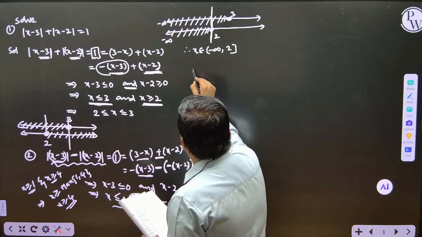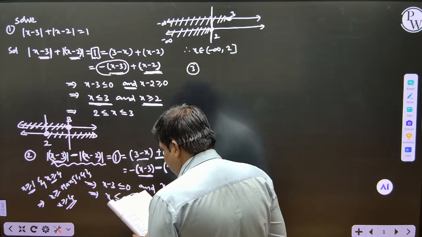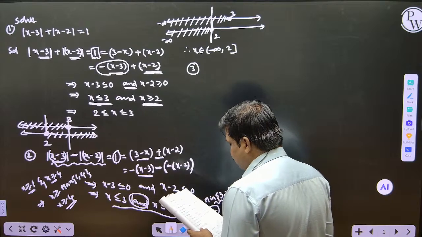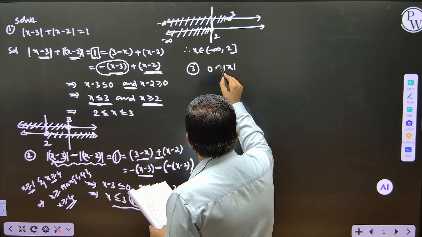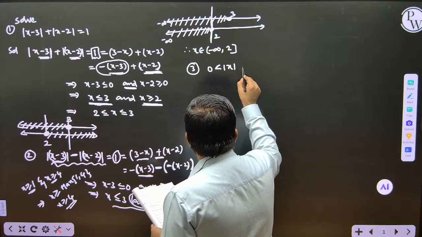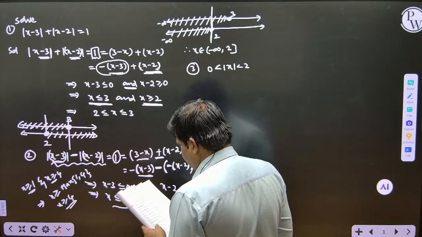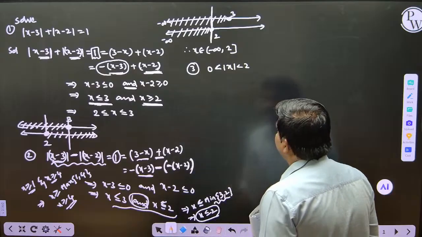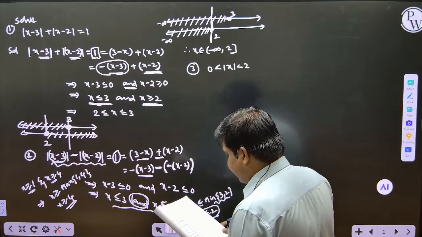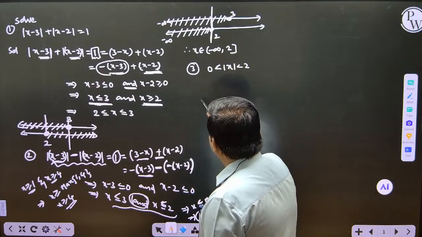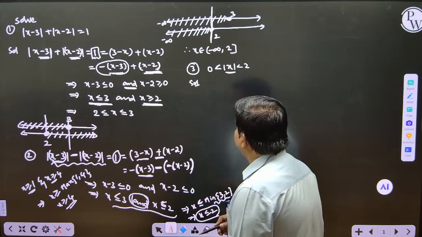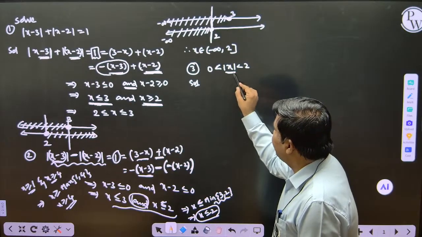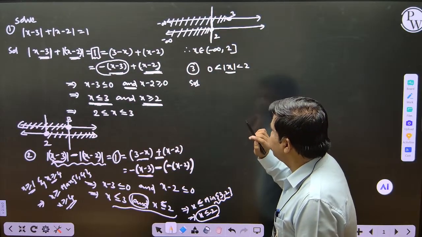Next, see the third question. Question number 3: 0 less than mod x less than 2. Solution, see here. Mod x is obviously positive, that's why it may be greater than 0.